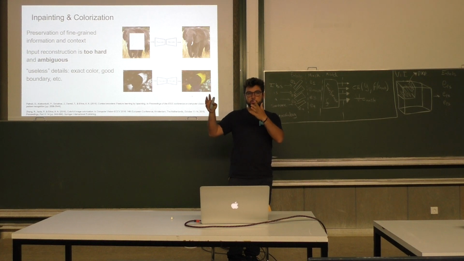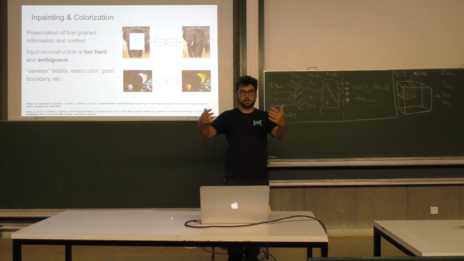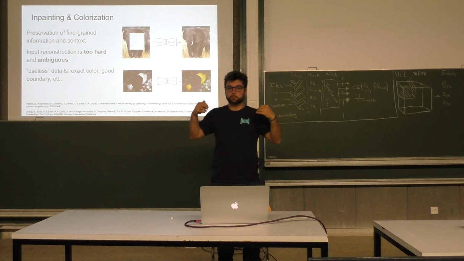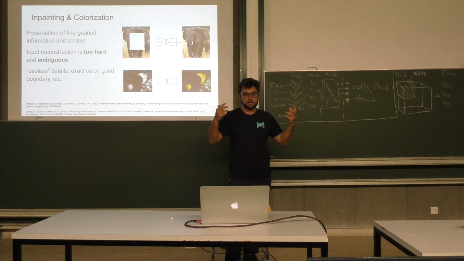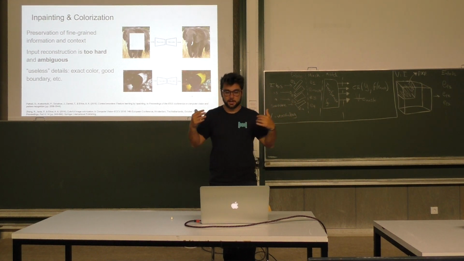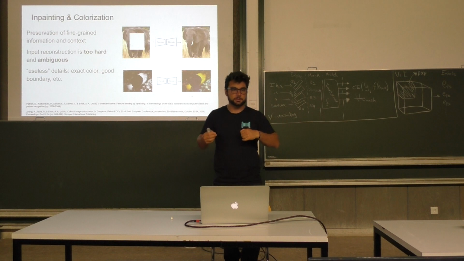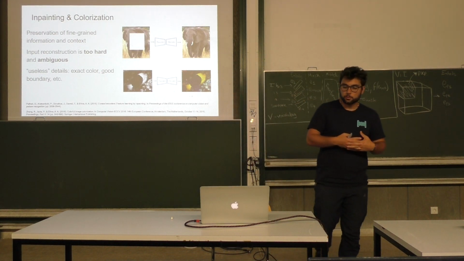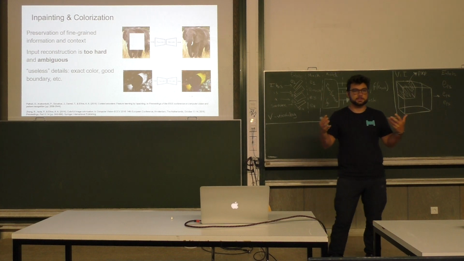We use these representations, but they contain a lot of useless details. The model needs to extract color, boundaries, and all this stuff, but for the downstream task we don't really care about this. This is a generative task.